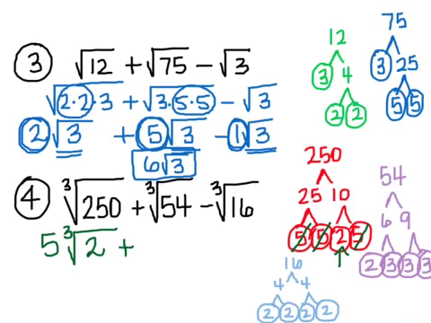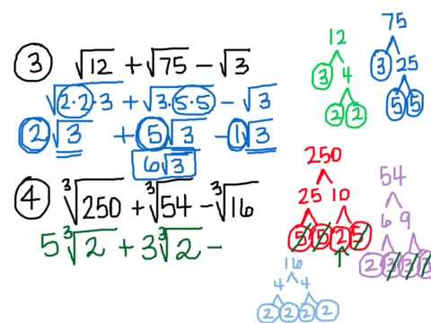On 54, we end up with 3 3's, and when we have 3 of them, we can pull that number out, and the other 2 has to stay inside.